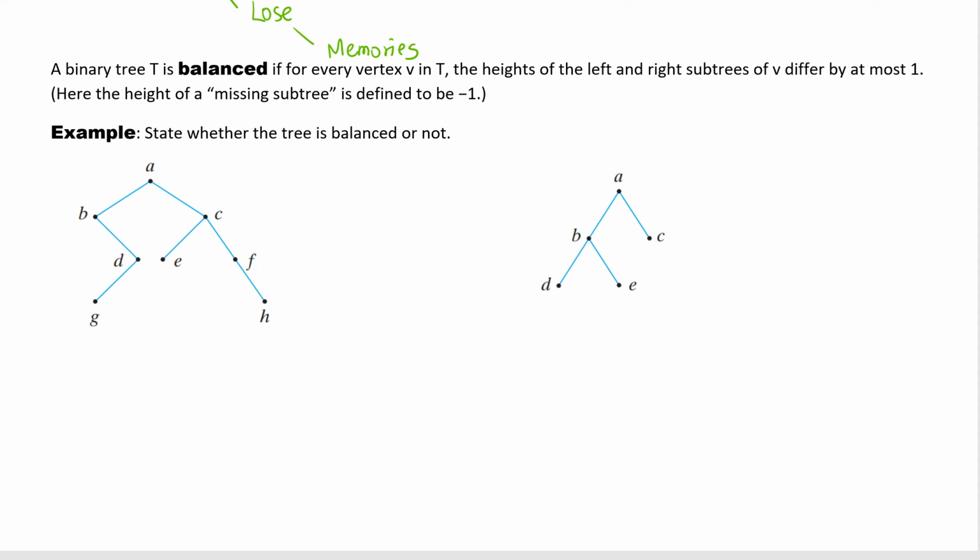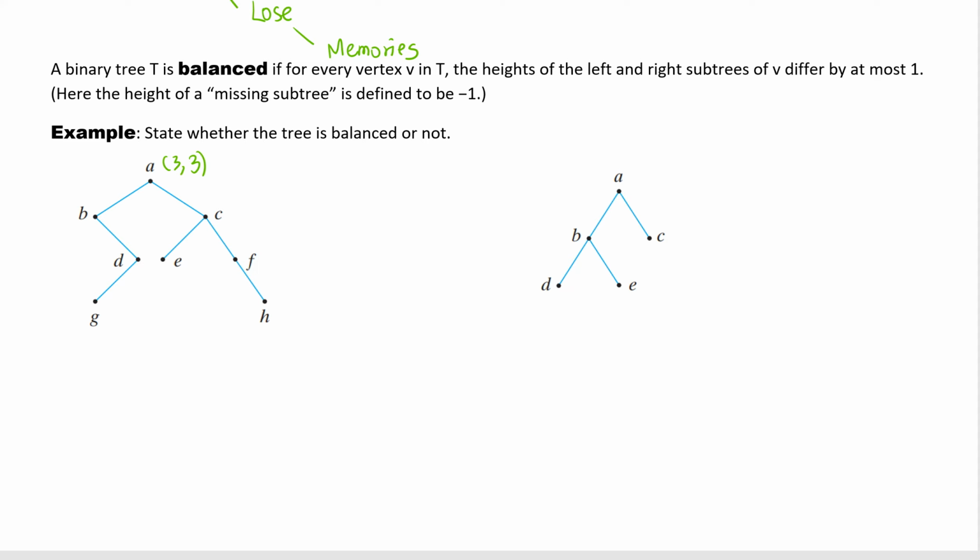Alright, so let's look at the first picture, the first graph. On the left, what's the level? 1, 2, 3. So the height of the left subtree is 3. And how about the right? The right, the height is also 3. So the difference is 0, so this is good.